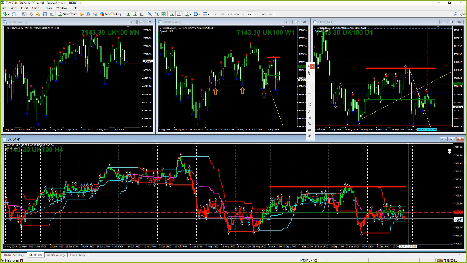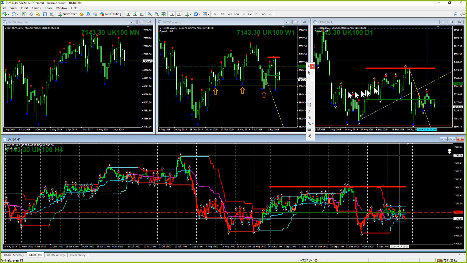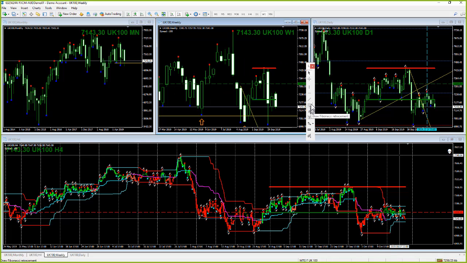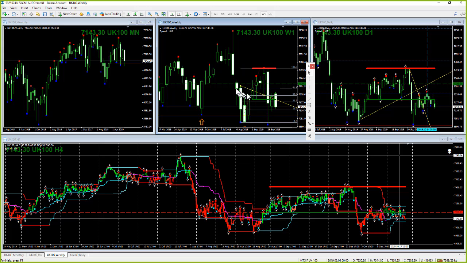It looks to me like it wants to go on the sell side. This is a nice ABC. The weekly has finished quite bearish, and if we're looking from here to there, no, the other way around, because here we can say we got a break.